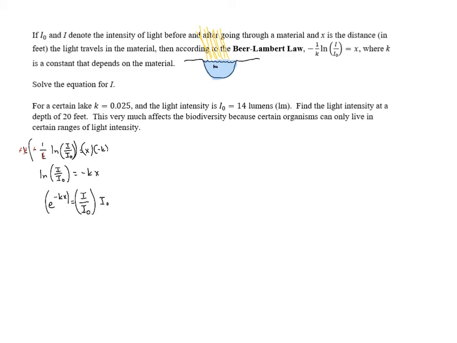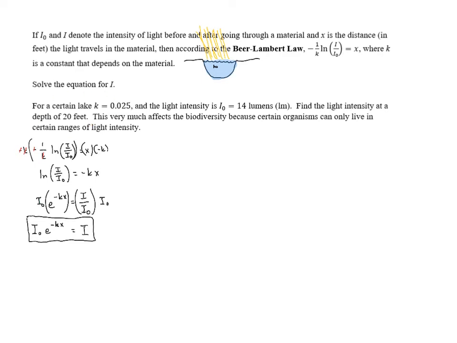We can call that either I naught or I sub 0, it is the same either way. And when we do this, we get I alone, and I is equal to I naught times e to the negative kx power. So this is a way of rewriting that relationship where the variable I is solved for or isolated.